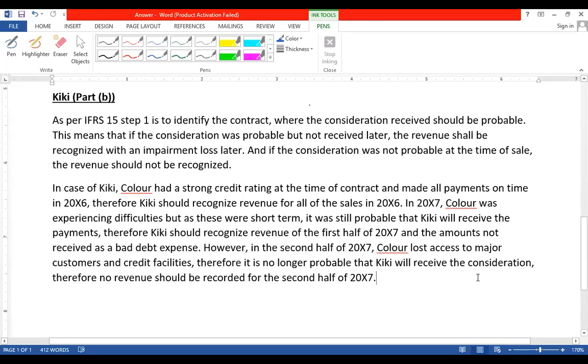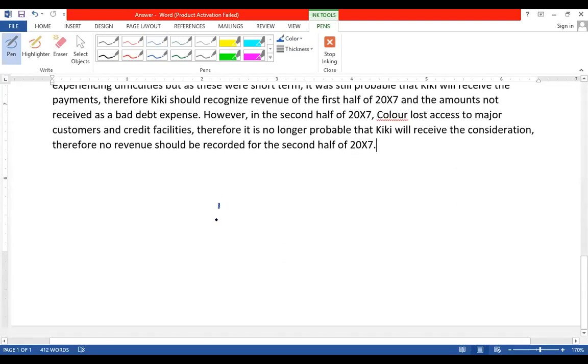So if we see, we had three different cases in this. During 20x6, we have recorded revenue. In the first half, we recorded revenue plus we recorded the bad debt. And in the last half, we didn't record the revenue.